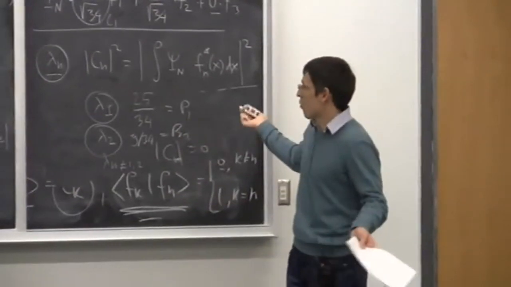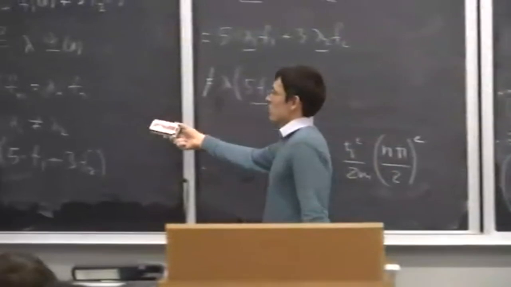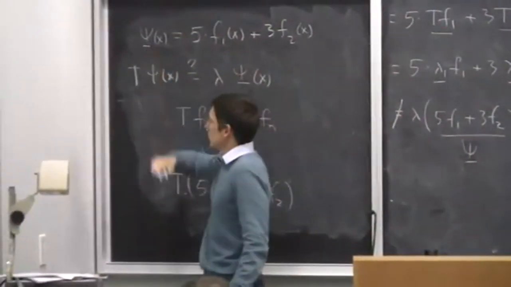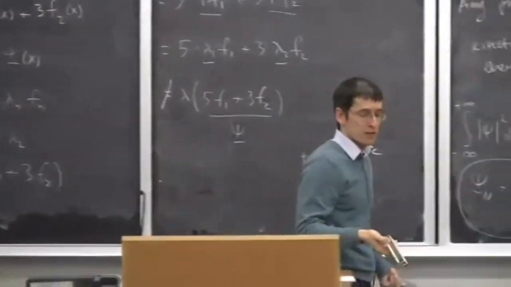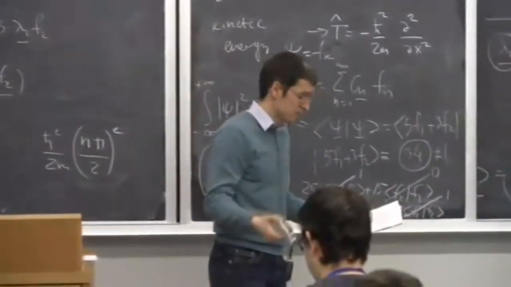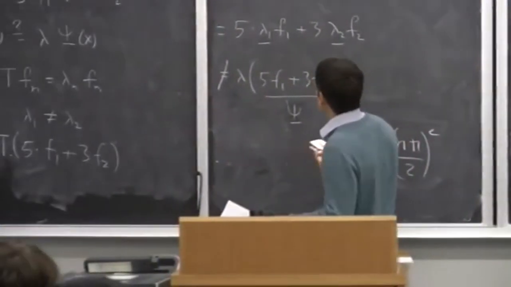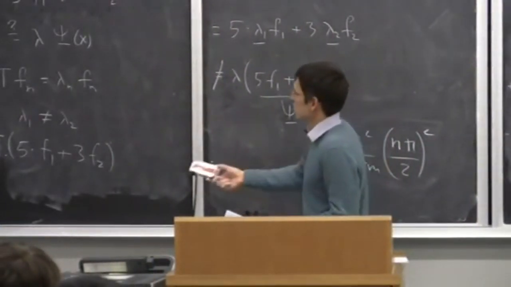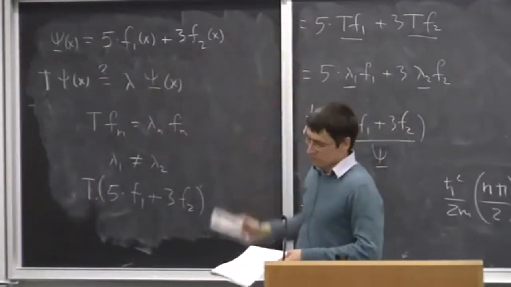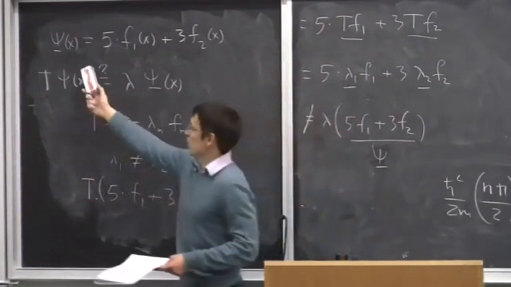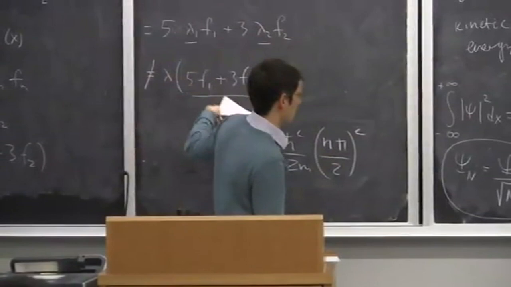That's the whole problem. I gave you the expansion of a wave function in eigenfunctions of the operator that we're interested in, right? Then it's easy to figure out that if 2, 3, or more eigenfunctions are present, then this linear combination is not going to be an eigenfunction. That's easy to see through the algebra.